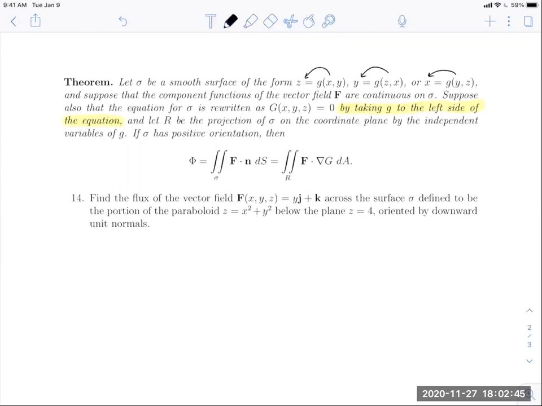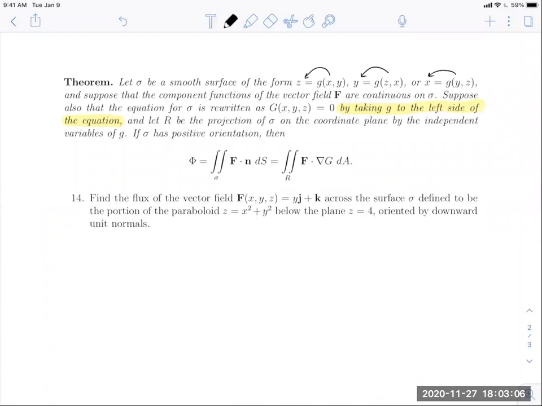All right, and finally, let R be the projection of sigma onto the coordinate plane by the independent variables of g. So here again, if you have z as a function of x, y, then you're going to project onto the xy plane. If you have y as a function of x, z, then you're going to project onto the xz plane, so on and so forth.